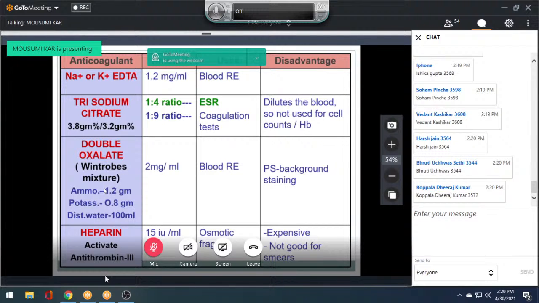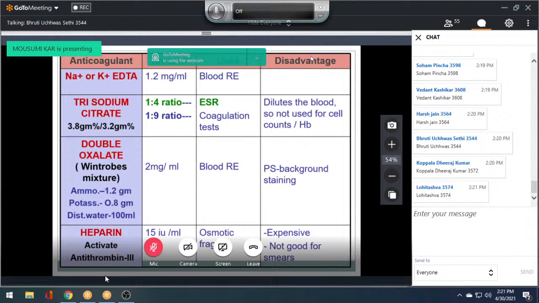This Wintrobe name is pretty common. Does anyone know anywhere else where this Wintrobe is there? It's there in multiple places. Can you name anything which has a Wintrobe in it? ESR, when we count ESR, we use Wintrobe's tube. Okay, very good. Anything else? Packed cell volume, PCV. Okay, both basically Wintrobe tube.